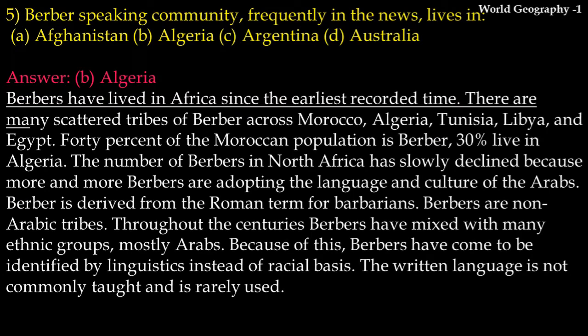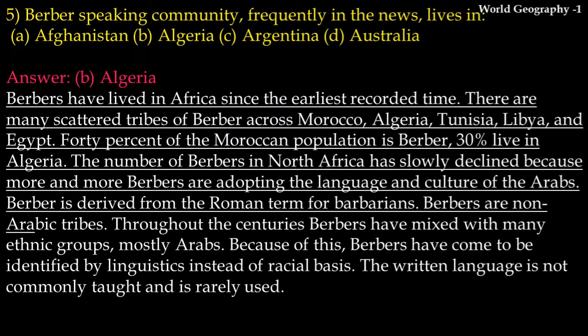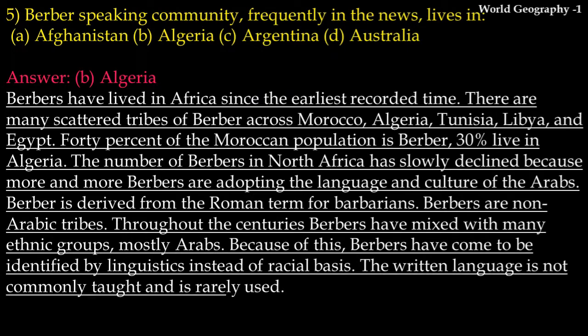Berbers have lived in Africa since the earliest recorded time. There are many scattered tribes of Berbers across Morocco, Algeria, Tunisia, Libya and Egypt. 40% of the Moroccan population is Berber. 30% live in Algeria. The number of Berbers in North Africa has slowly declined because more and more Berbers are adopting the language and culture of the Arabs.